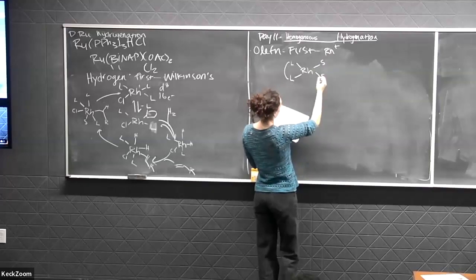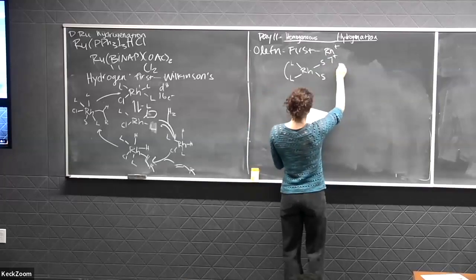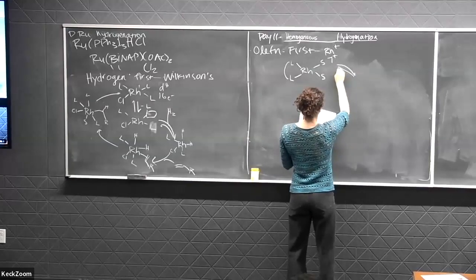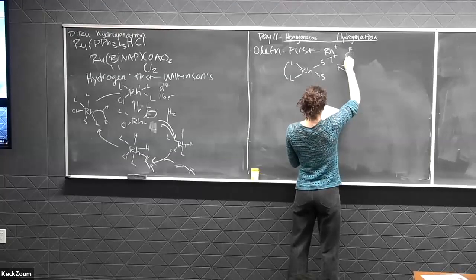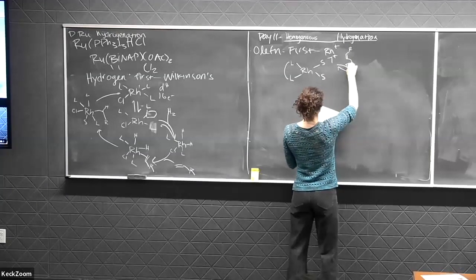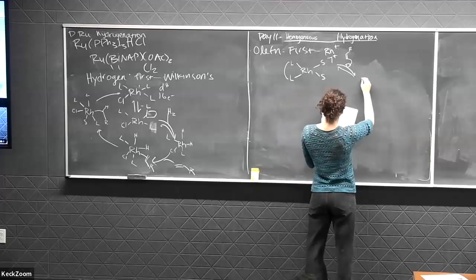So we already talked about how it can get activated to be coordinated by solvent. And then because these are often used with a directing group, I'm going to draw our olefin in a directed manner.